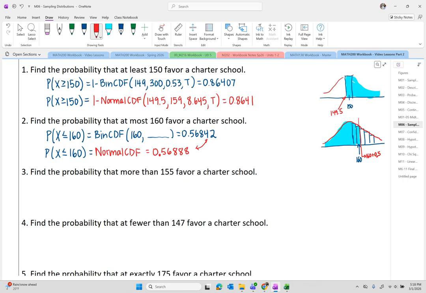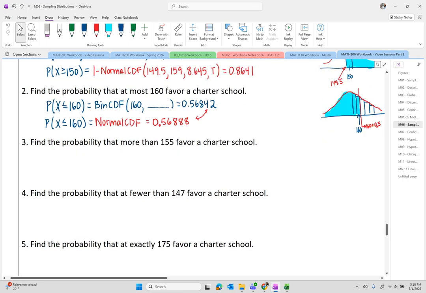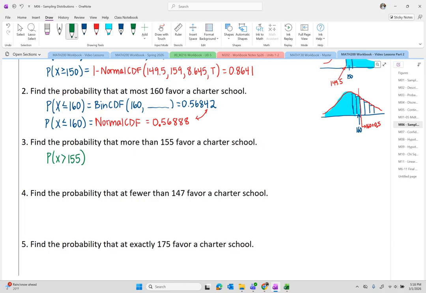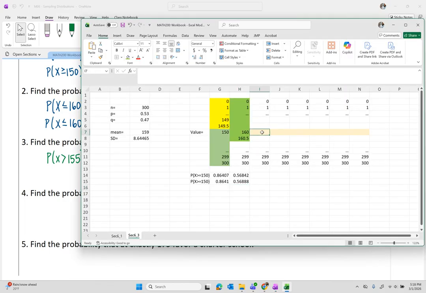Find the probability that more than 155 favor the charter school. So probability X being greater than 155. So if our number here is now 155, then let me actually copy these values over.